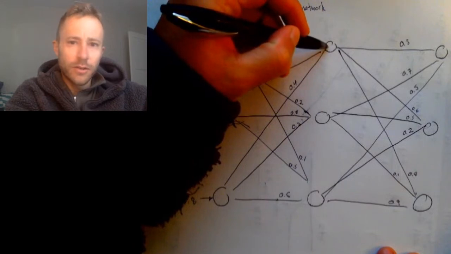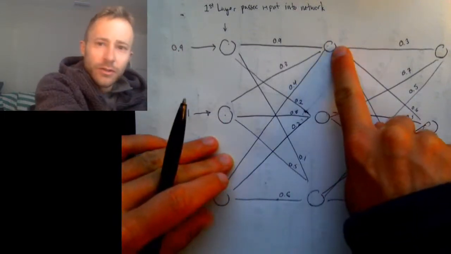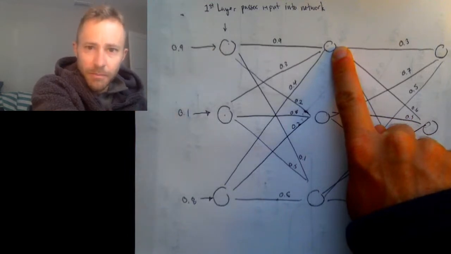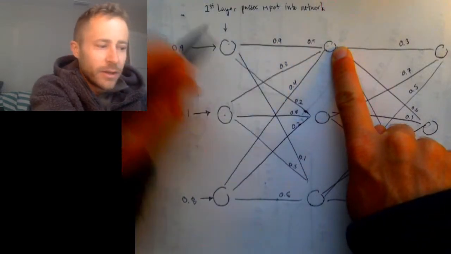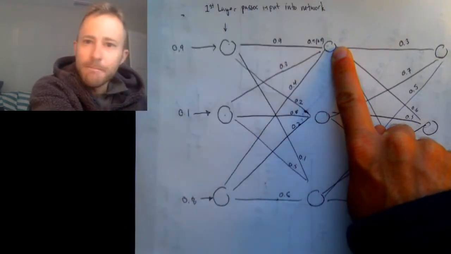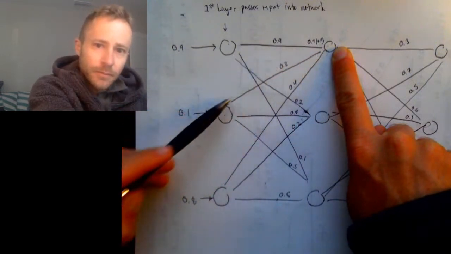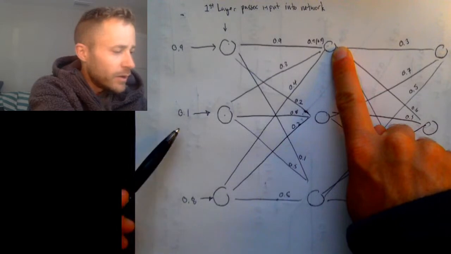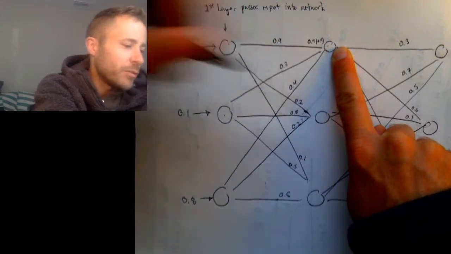So let's look at this neuron right here. What is this neuron's input going to be from the neurons in the previous layer? It's going to be 0.9 for this input times the synaptic weight, which is also 0.9. From this synapse, it's going to be 0.1, which was the input here, times the synaptic weight, which is 0.3.